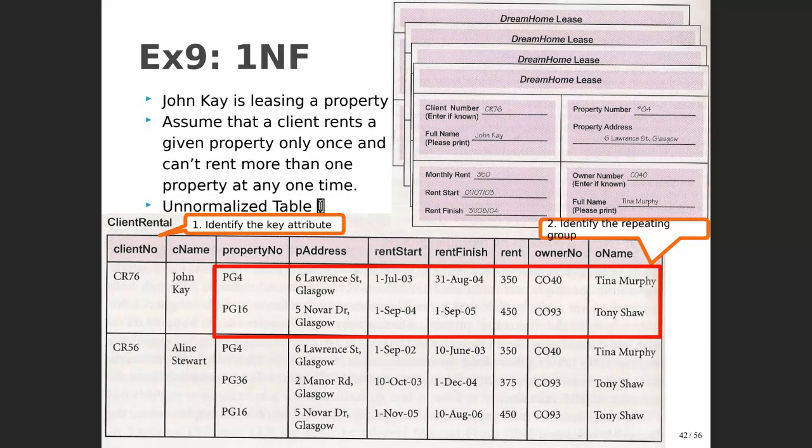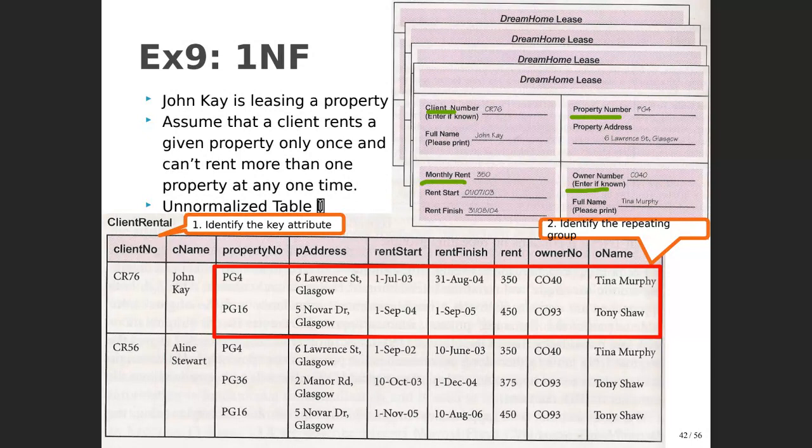Down there is monthly rent, rent start and finish, and in the lower right corner you can find owner. So how many categories do we have here? One for the client, one for the property, one for the rent, and the other piece of information is about the owner.